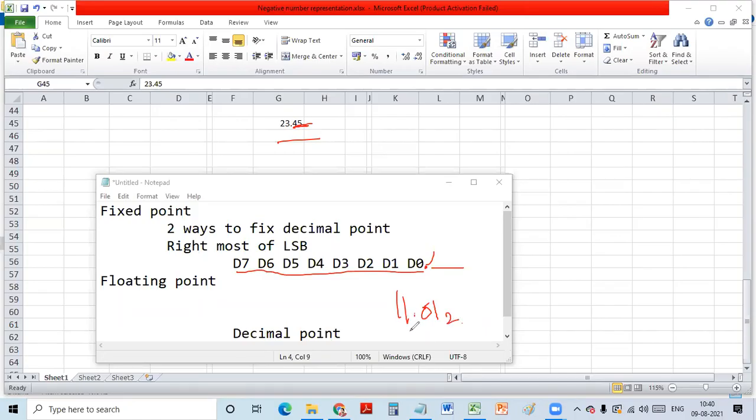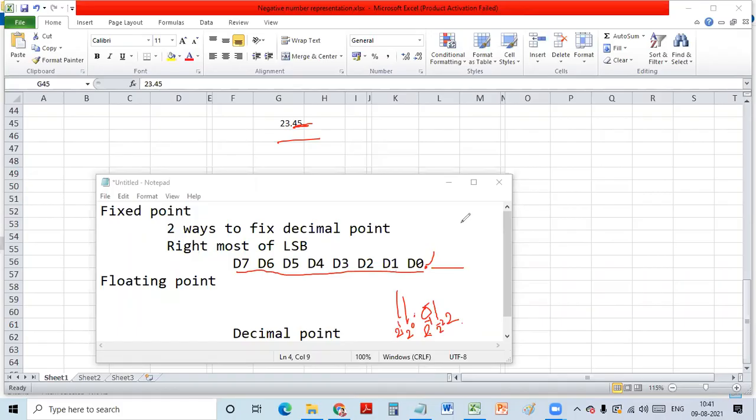I apply positive powers of 2 on the left side of the decimal point and negative powers of 2 on the right side: 2 power minus 1, 2 power minus 2, and on the left side 2 power 0, 2 power 1, all positive powers.